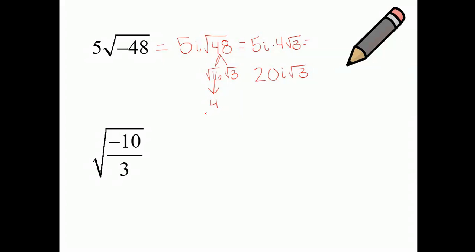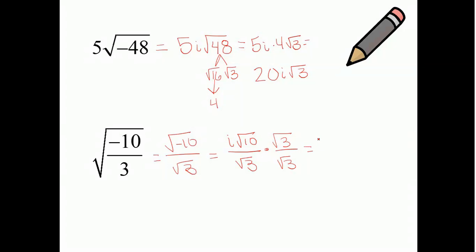Same thing. Let's try this. Just like before, we can break that into two little square roots, top and bottom. Let's get rid of that negative inside on the top there, so I'll get i square root of 10 over square root of 3. Can't leave it as the square root of 3. Remember, we've got to rationalize our denominator. So I'm going to multiply by the square root of 3 on the top and the bottom.